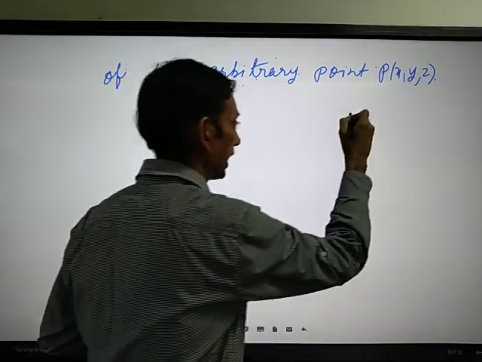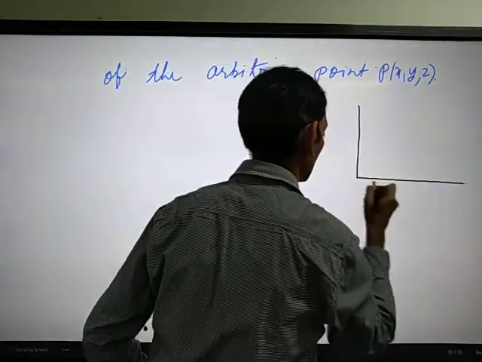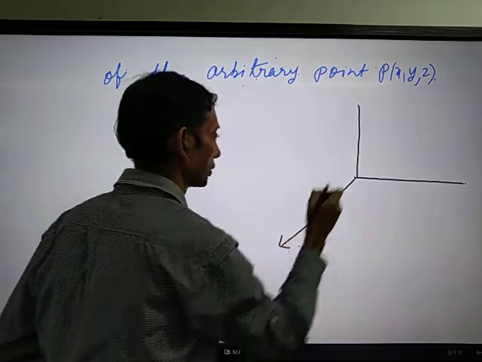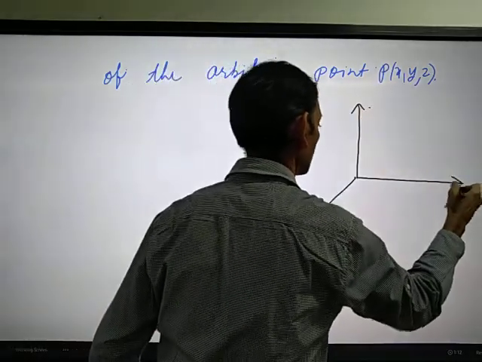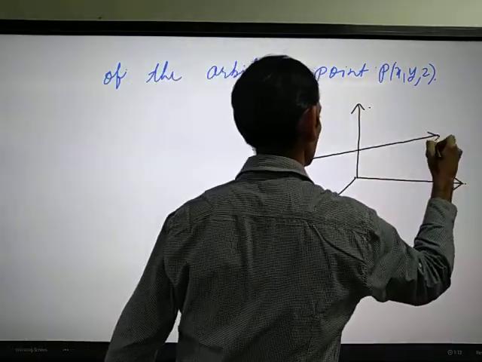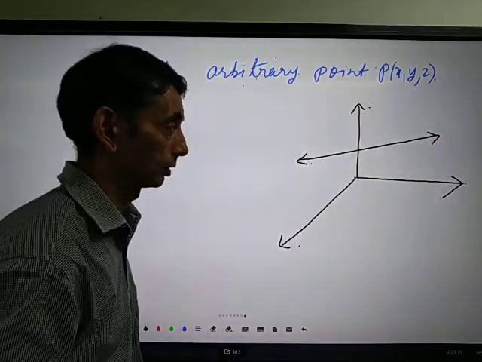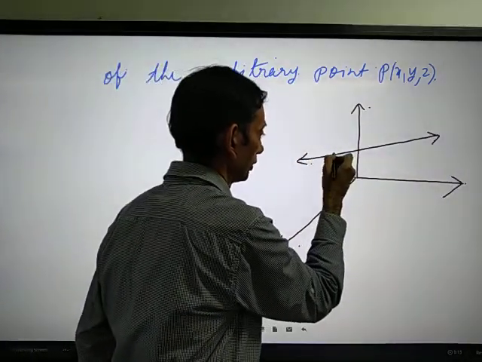So to derive the equation of the line, I should again draw this because I need the figure to explain. So I'll just redraw the diagram here.